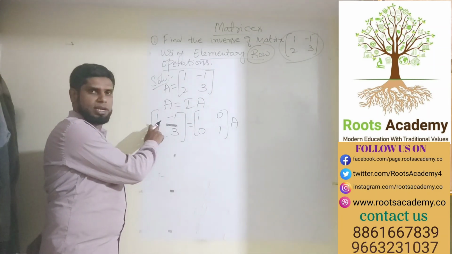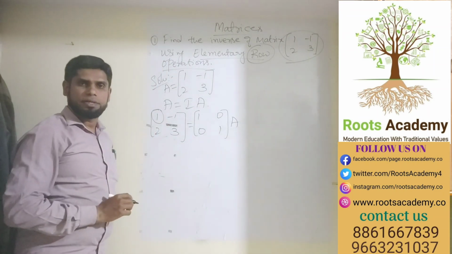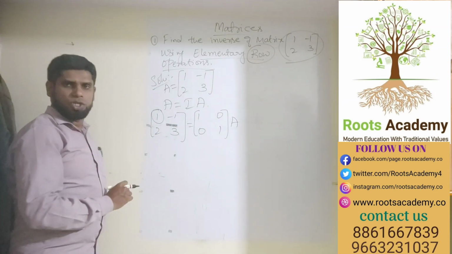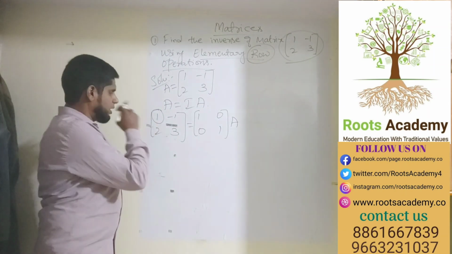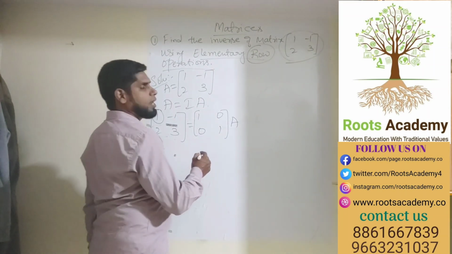Luckily the first element is 1 here, so no need to change it. But the remaining 3 elements we should change. So how do we change them? In row operations we always try to change the elements like this.